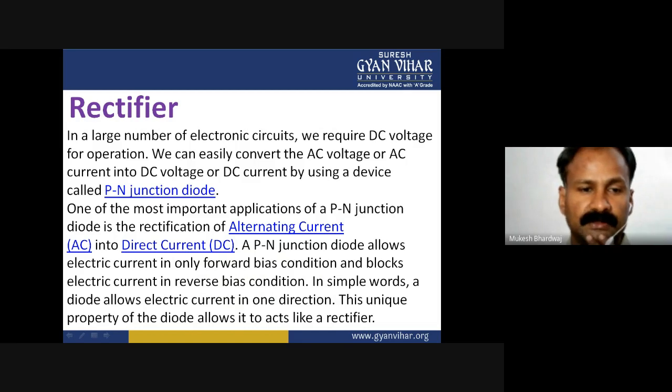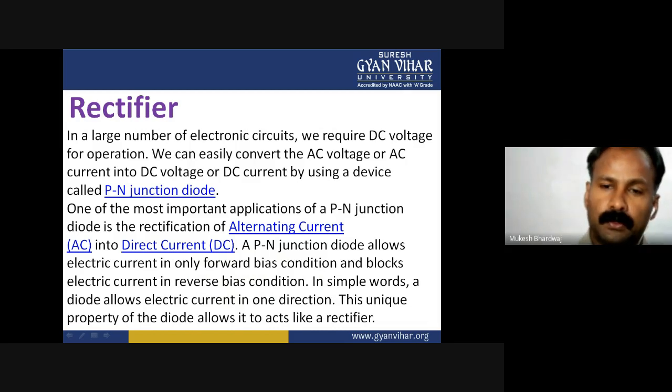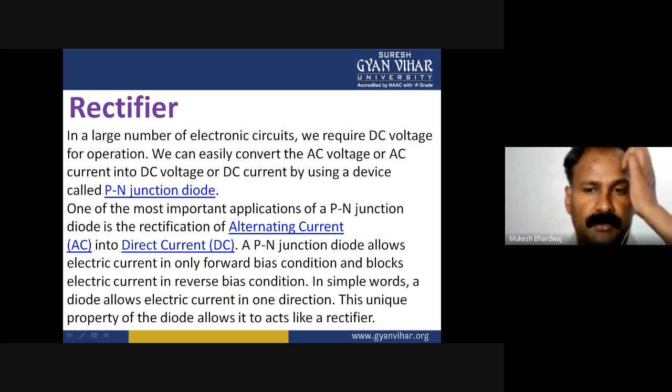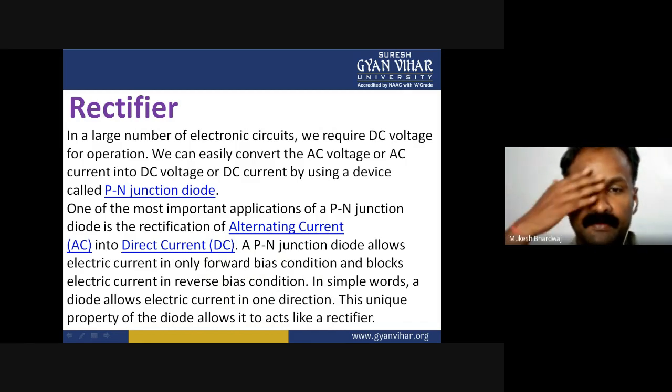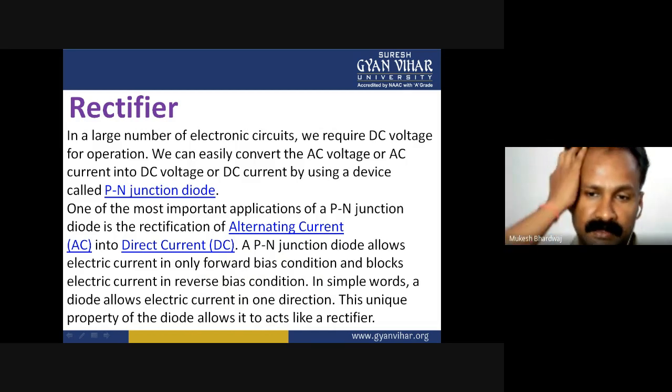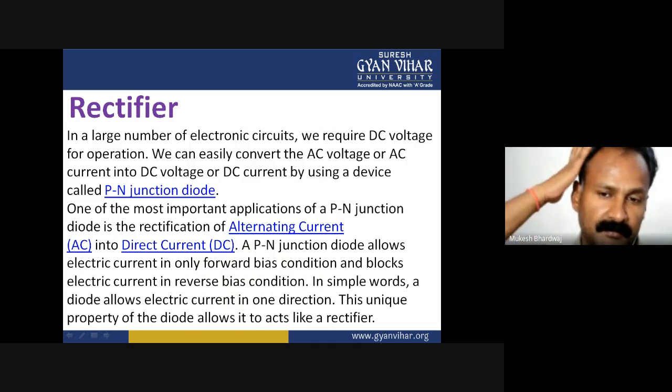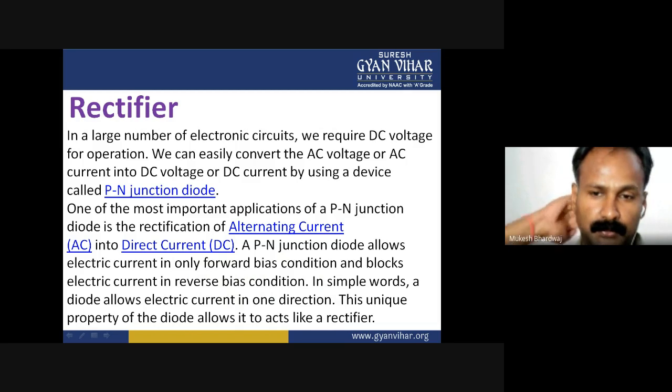In simple words, a diode allows electric current in one direction. This unique property of the diode allows it to act like a rectifier. So a basic component of a rectifier is a diode. Diode is the basic element used in rectifier circuits, or we can say rectifiers are basically made up of diodes.